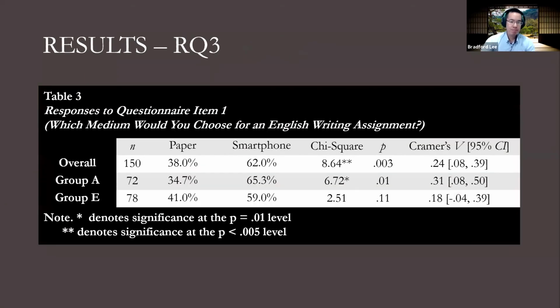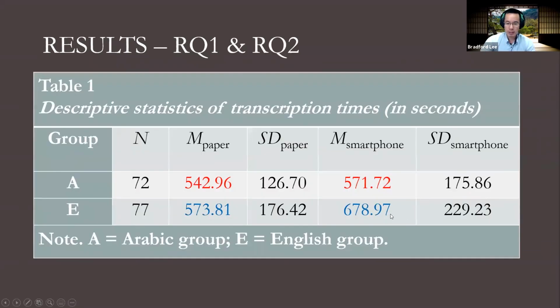So we found a significant difference: they were slower when using their smartphones to a significant degree.